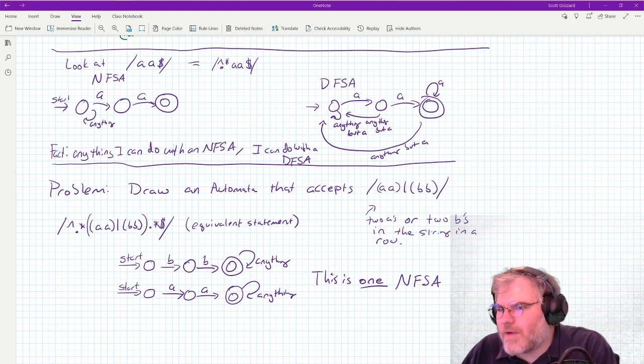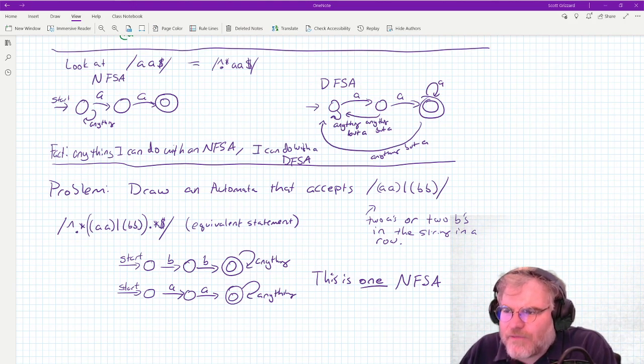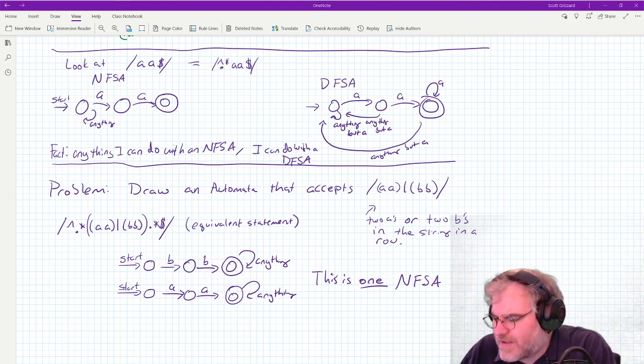What's more, going back to the question above, there's an algorithm for converting regular expressions to non-deterministic finite state automata.